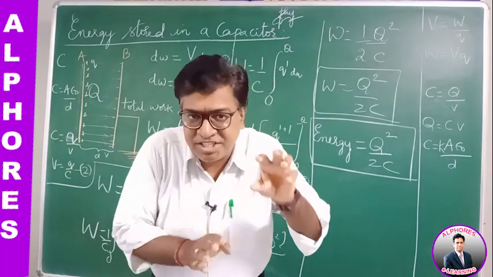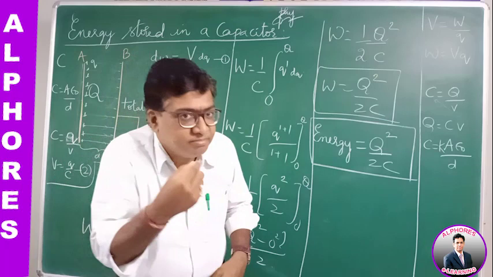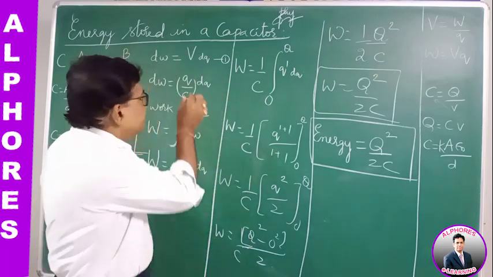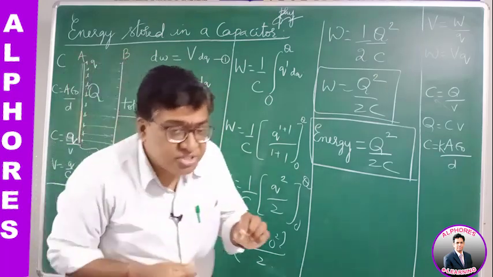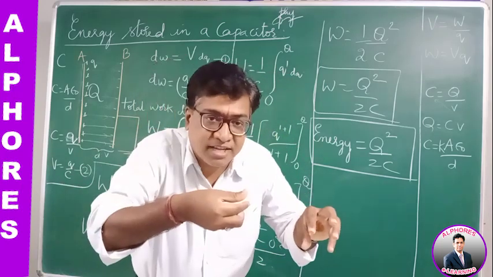At that instant the charge was small q. Now I want to give some extra charge dq. Already there is a charge small q, and I want to add a charge dq.